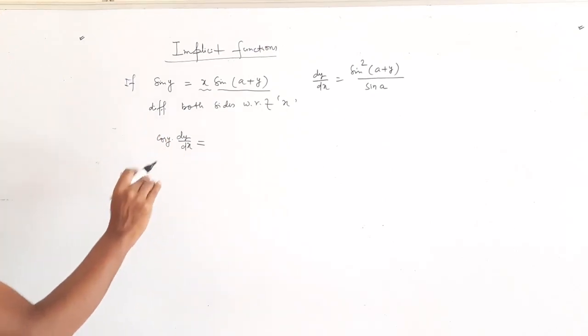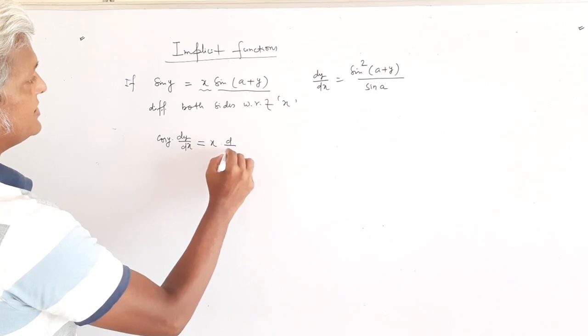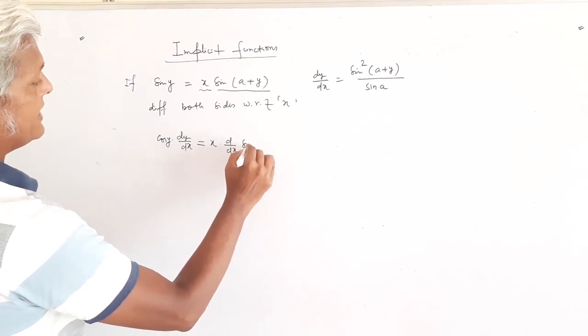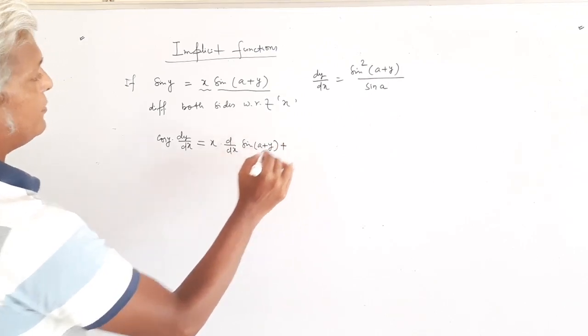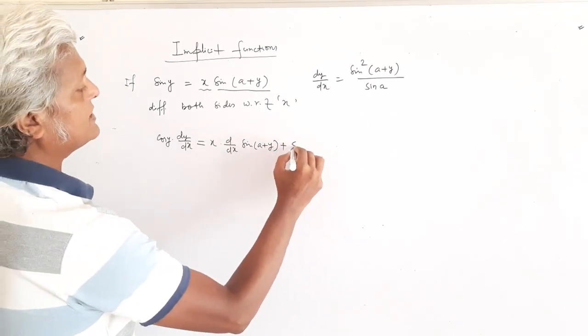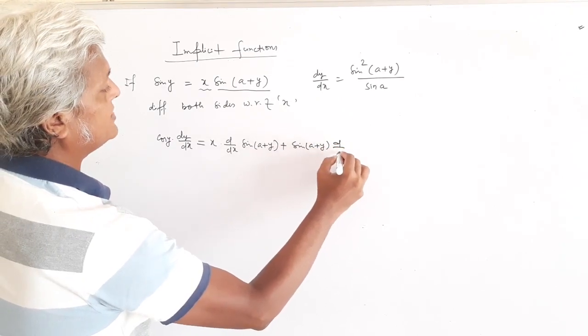So the rule says that first I keep x unchanged and differentiate sin(a + y), plus, next time you keep sin(a + y) constant and differentiate x.